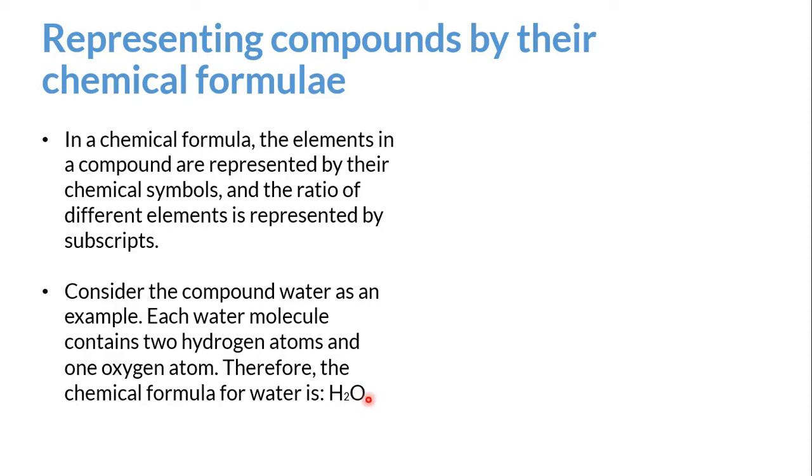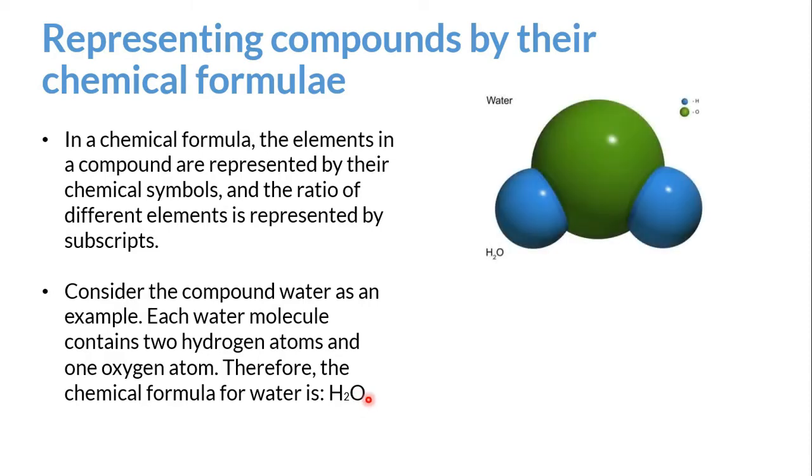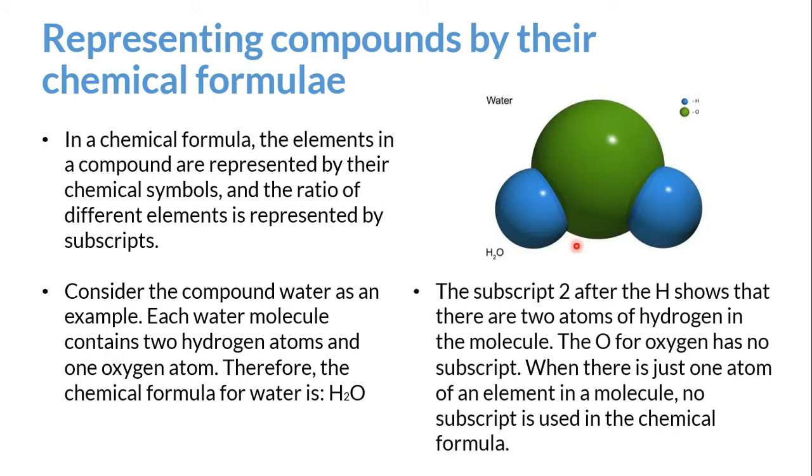Yes, as we are seeing in the picture, one single oxygen and two hydrogen atoms. The subscript 2 after the hydrogen shows that there are two atoms of hydrogen in the molecule. The O for oxygen has no subscript. When there is just one atom of an element in the molecule, we don't give it a subscript.